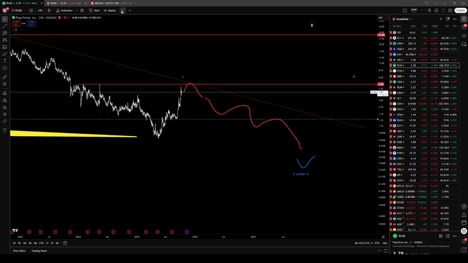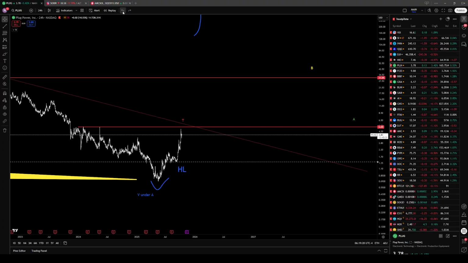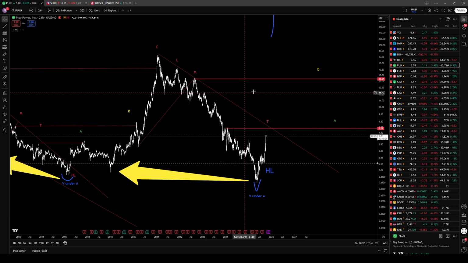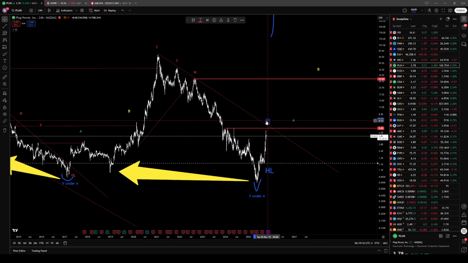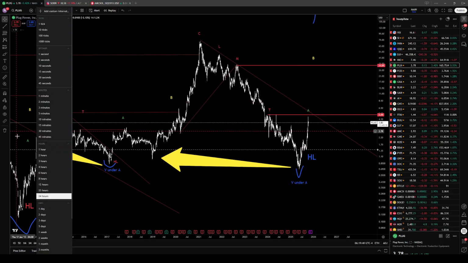So what I'm leaning to right now, it's hard to tell. The thing is, Plug was in the past, in my opinion, associated with similar moves like AMC.